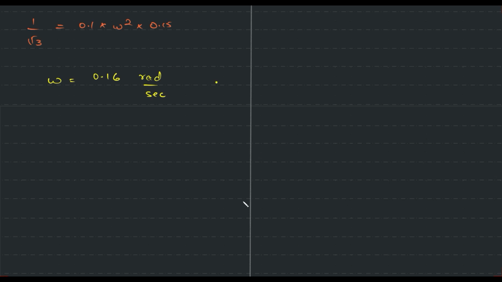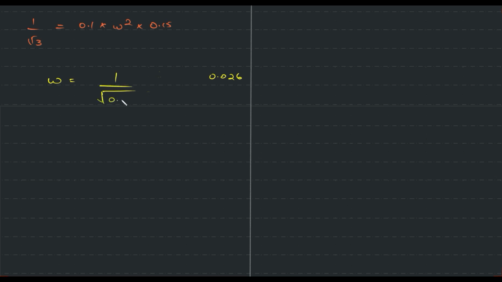Of course, I have messed up the calculation. It can't be that value. So let's have a look. So what I did was not 1 divided by root 3 times 0.015. So this is 0.026 actually, so that's in the denominator.